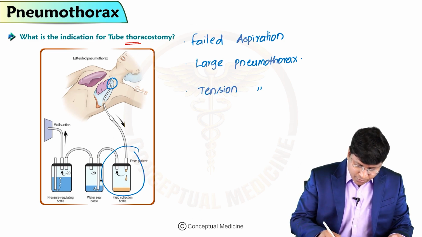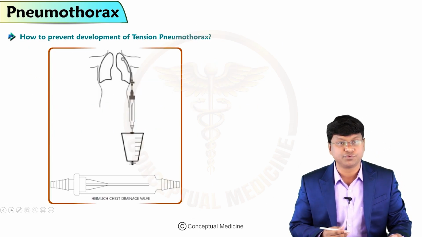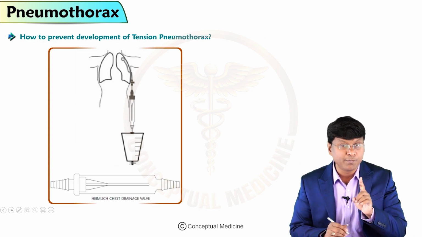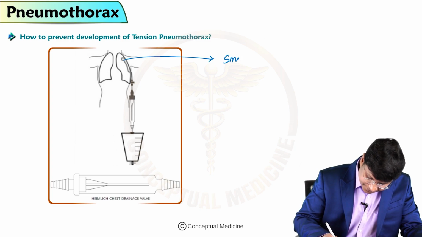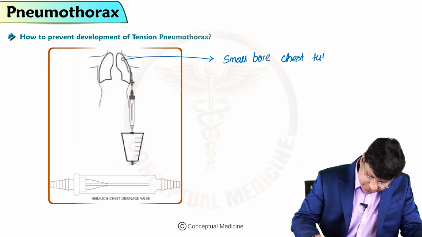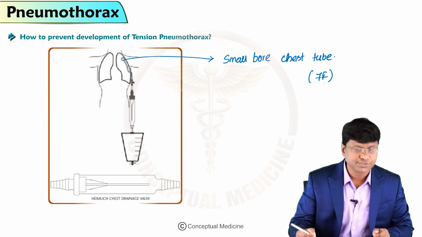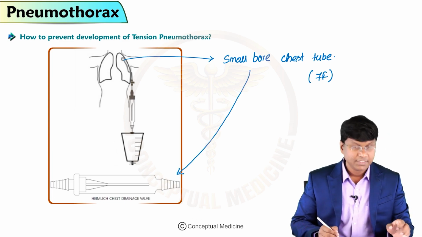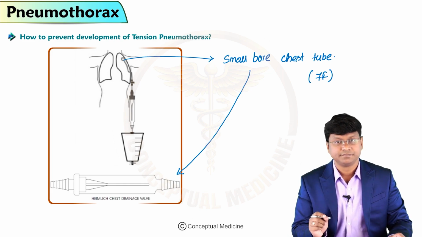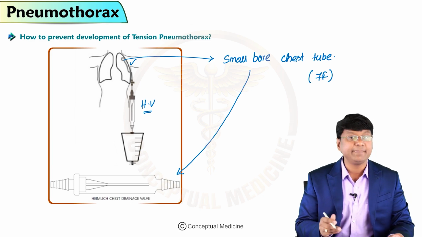Now, how will you prevent the development of tension pneumothorax? Suppose there is a risk of development of tension pneumothorax, what you need to do is place a small bore chest tube, of 7 French or 14 French, and this small bore chest tube is attached to a Heimlich valve.